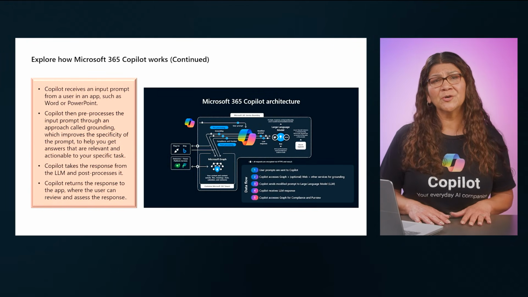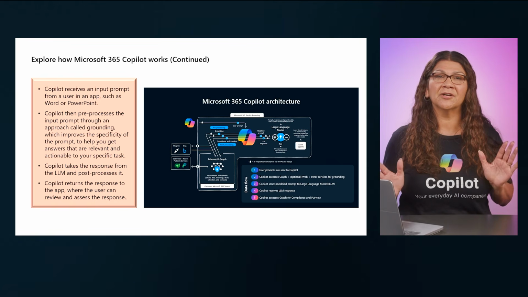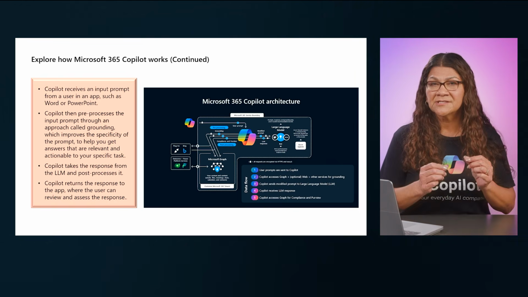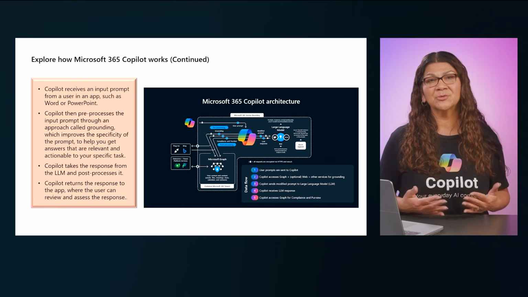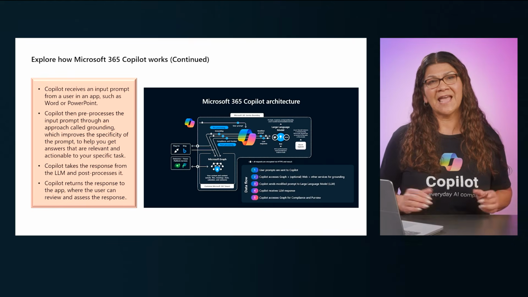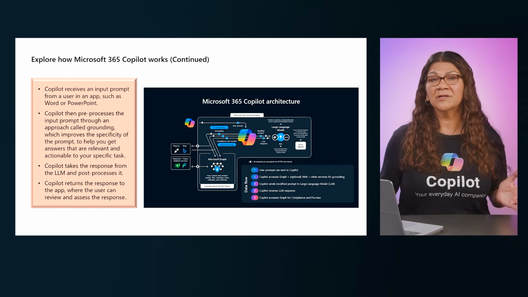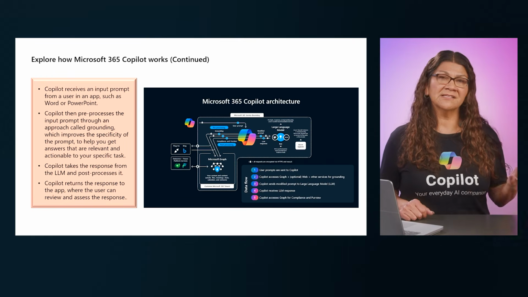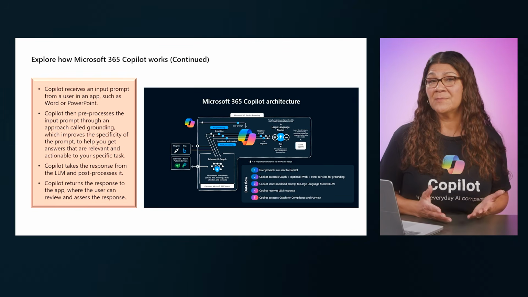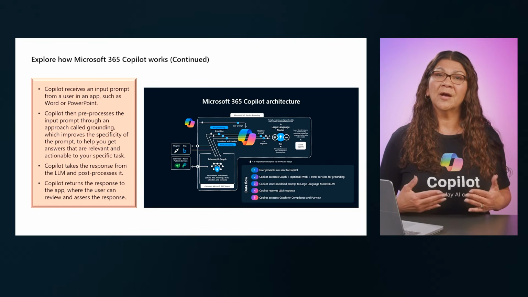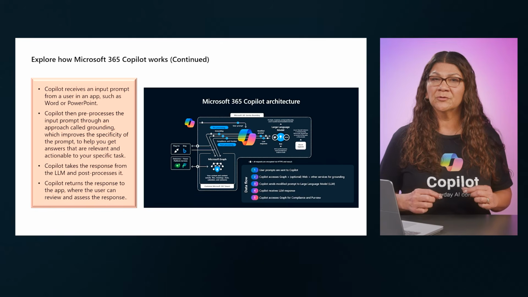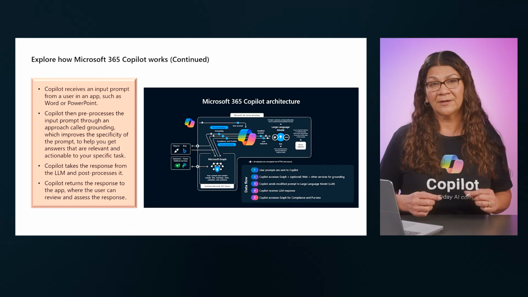Microsoft 365 Copilot delivers its magic through a clear, secure, and sophisticated pipeline that turns your prompt into an actionable response. It all starts when you enter a prompt in an app, maybe asking Word to summarize a document, Excel to analyze trends, or even Teams to recap a meeting that you've missed. The prompt is immediately sent to Copilot, which then performs the crucial step called grounding.